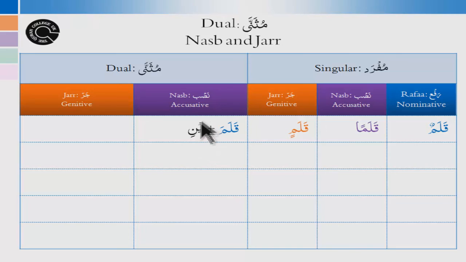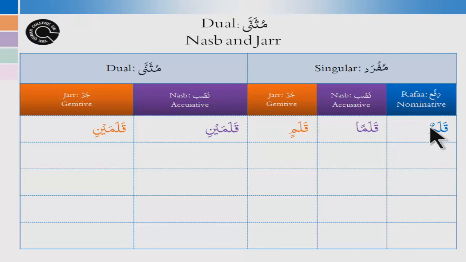So that alif is now replaced with ya only, and that's the case of the nasab. So that is kalamaini, and similarly for the genitive case. They are the same, but we have given them different colors so that you can identify them. If you want to convert a dual case of rafa to nasab or jar, what you have to do is convert that one, kalamun, and then put a fatha on it.